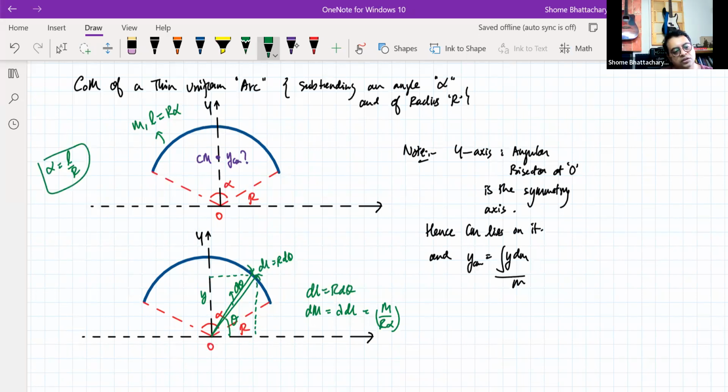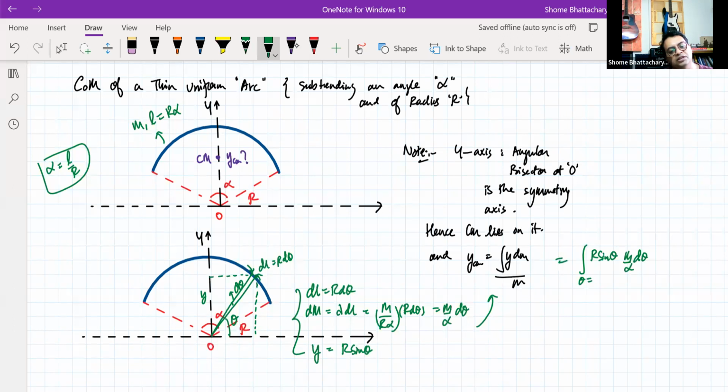So this will be m upon r alpha into r d theta. Okay, so that is m by alpha d theta. And the y coordinate of that is again r sine theta. So all these things I have to substitute here. But after substitution, another difference will be, like you said, the limit. So r sine theta into m upon alpha d theta.